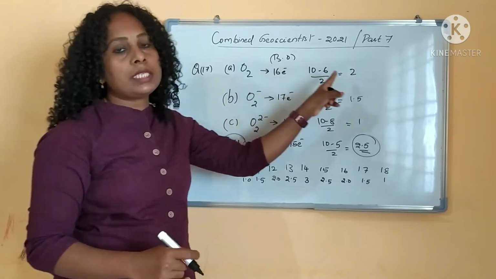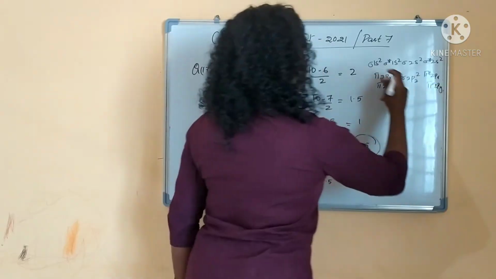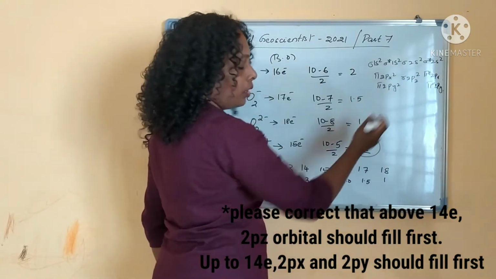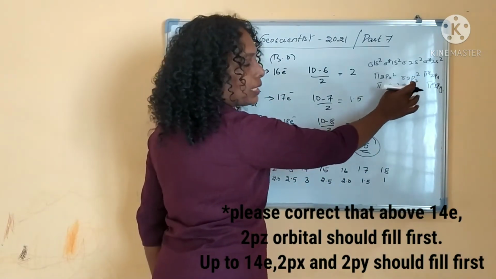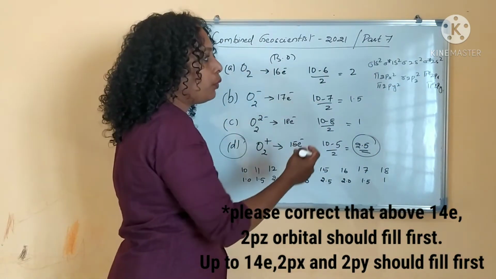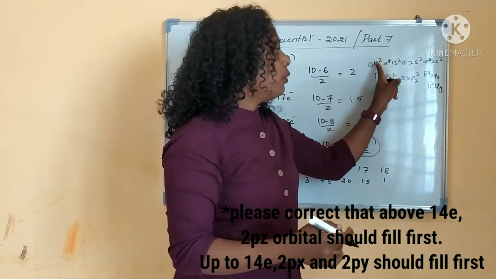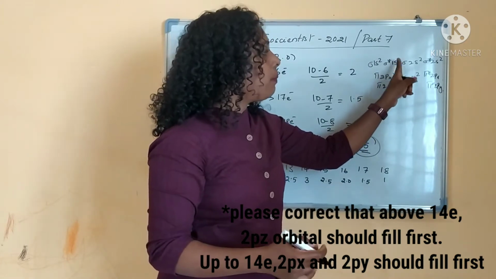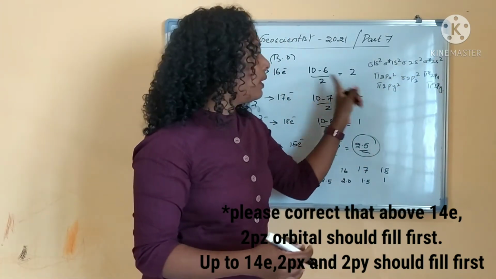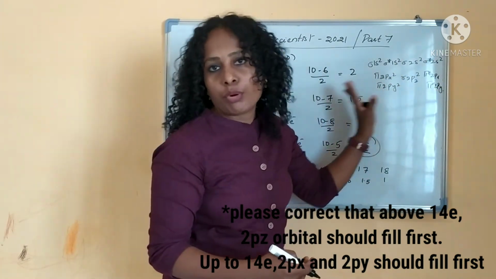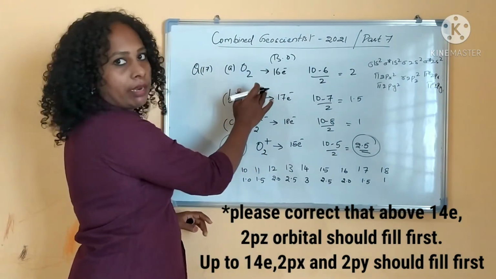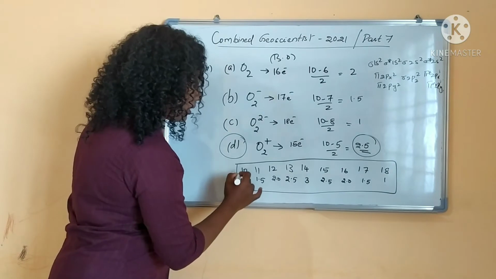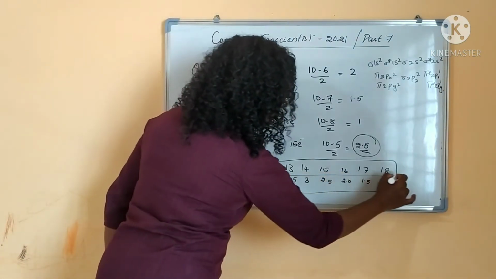You have to first write your electronic configuration. This is for above 14. If it is below 14, you have to fill the sigma 2p set first. Then you have to add up all the bonding electrons, subtract the antibonding electrons, and divide by 2, and you will get the bond order, right? So that is what I have done here. For a shortcut you can take this reference up to 14.